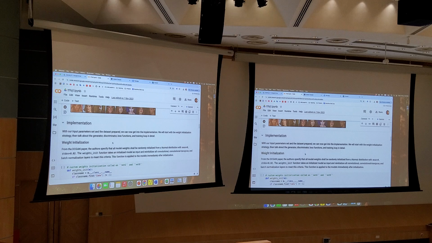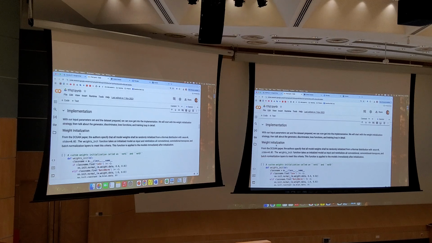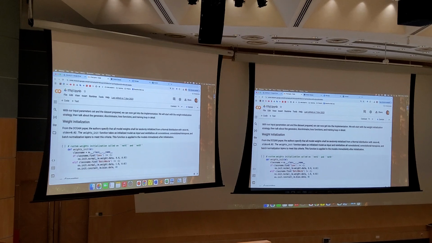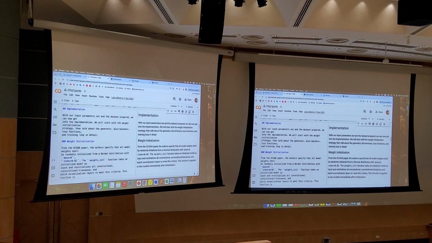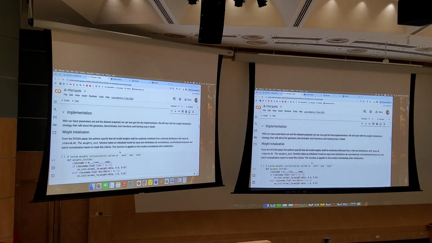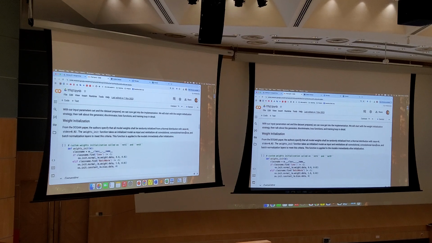Now we are ready to define our network. First, we define a function to initialize the weights. There are many ways to do that, and in the DCGAN paper, we initialize the weights with a mean of 0 and a standard deviation of 0.02.